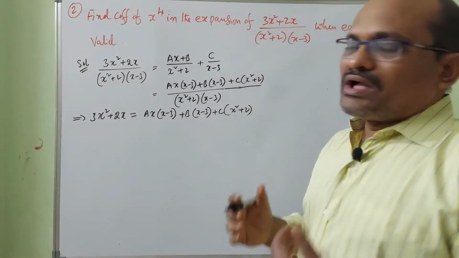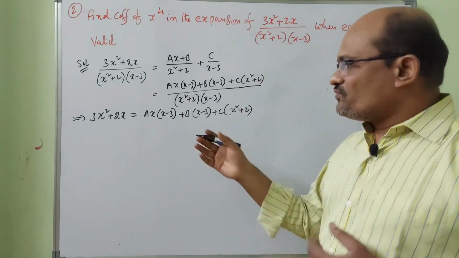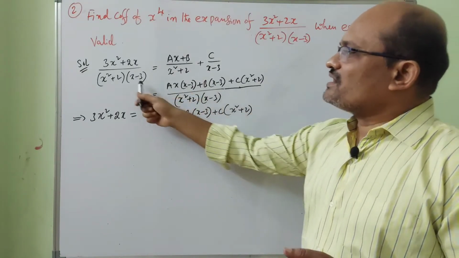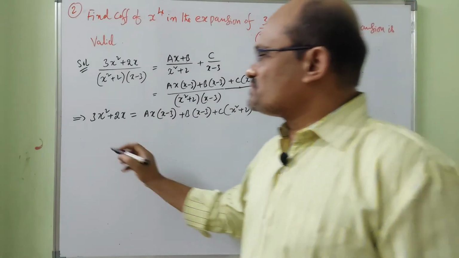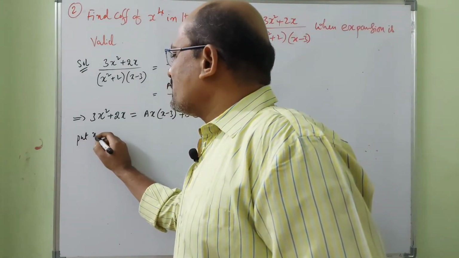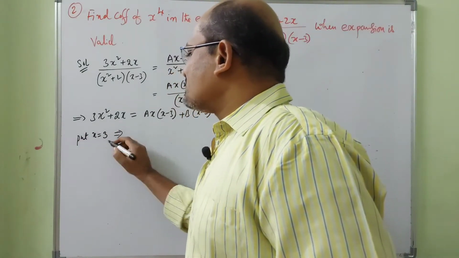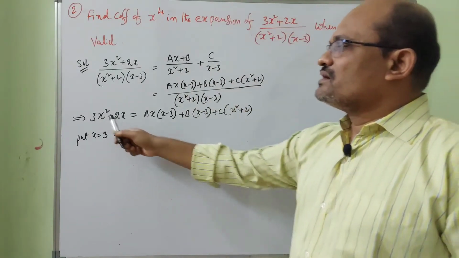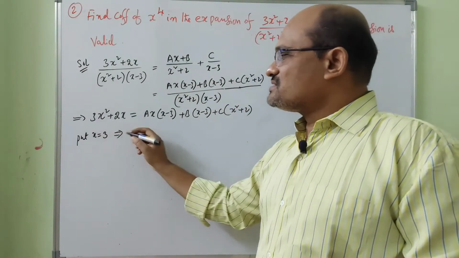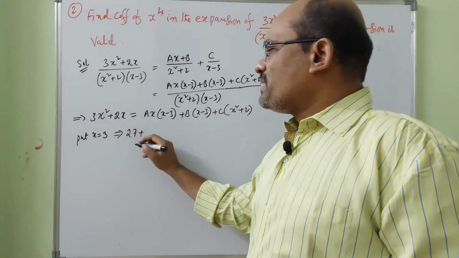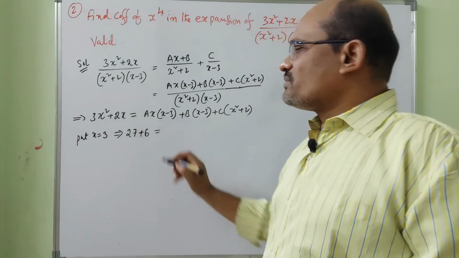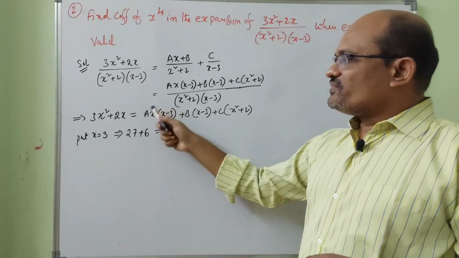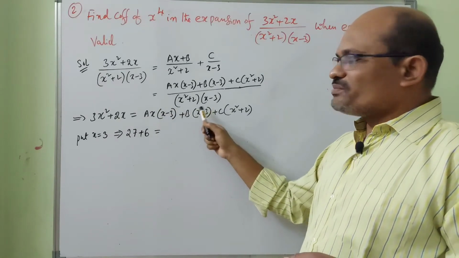Now we use techniques to find a, b, c. Here for the linear factor I use the substitution technique, that is put x equal to 3 on both sides. What you get? 3 square is 9, 9 threes is 27, plus 6 is equal to, if you put x equal to 3, the first term becomes 0 and the second term also becomes 0.